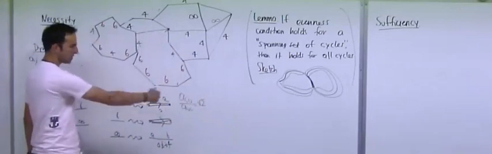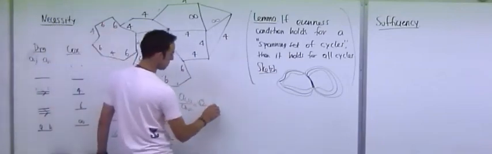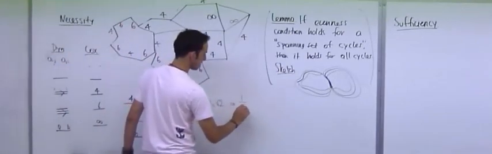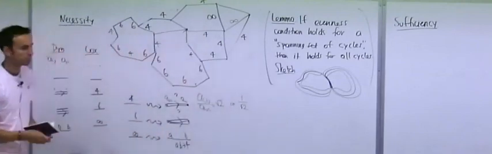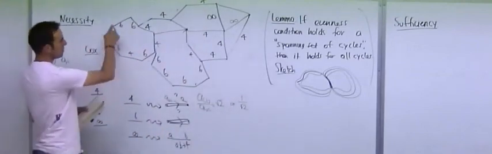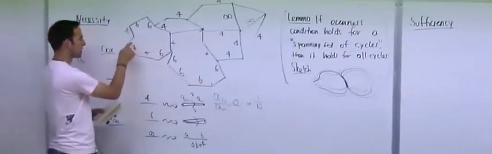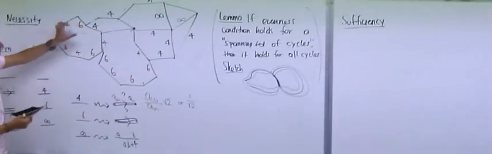And if I direct it in the other direction, it's 1 over square root of 2. Okay? So what do I have to do in this cycle, for example? I have to orient the 4s and the 6s. Let's focus on the 4s. So I have to orient 4 arrows. Okay?